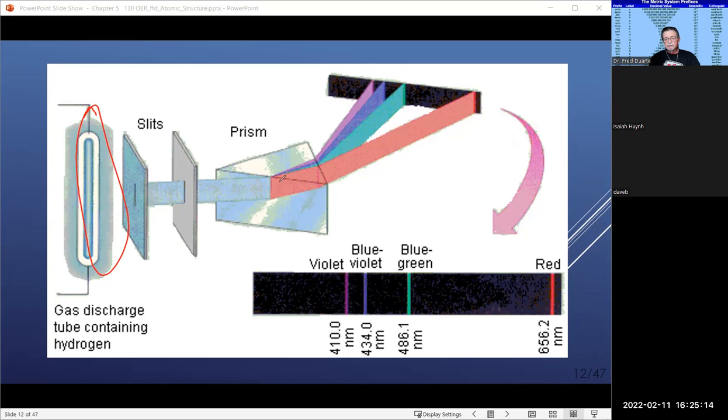The light goes in and comes out as different lines because it's separated, just like the rainbow that we see. It's separated into specific wavelengths. Here are the wavelengths for this particular gas. This happens to be hydrogen. And nm is the unit for nanometers.